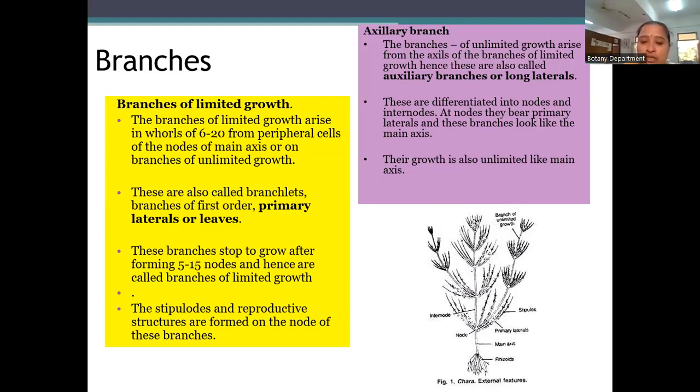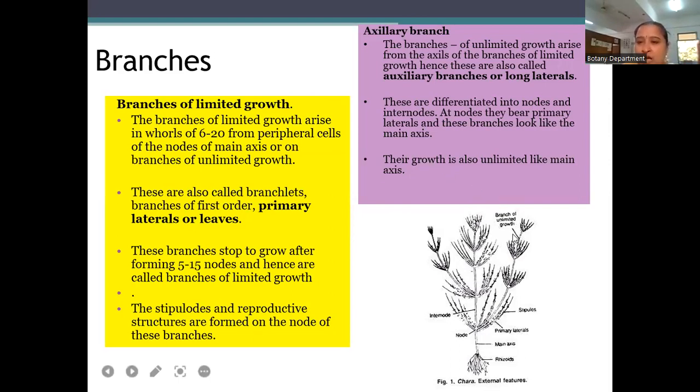Very, very important: which branch produces the sex organs and secondary laterals? Only branches of limited growth, this one in the middle. Branches of limited growth produce the sex organs and secondary laterals like stipules, bracts or stipulates. And what is the axillary branch?